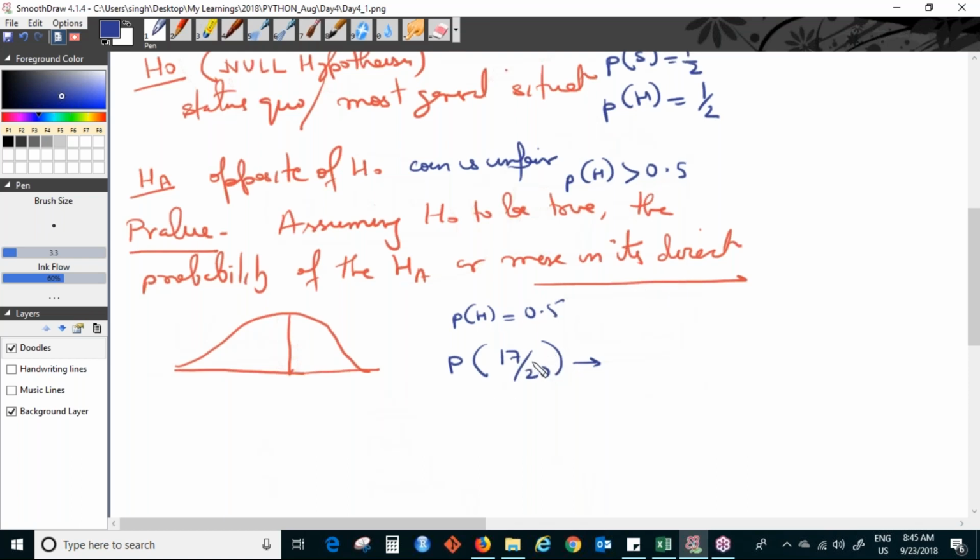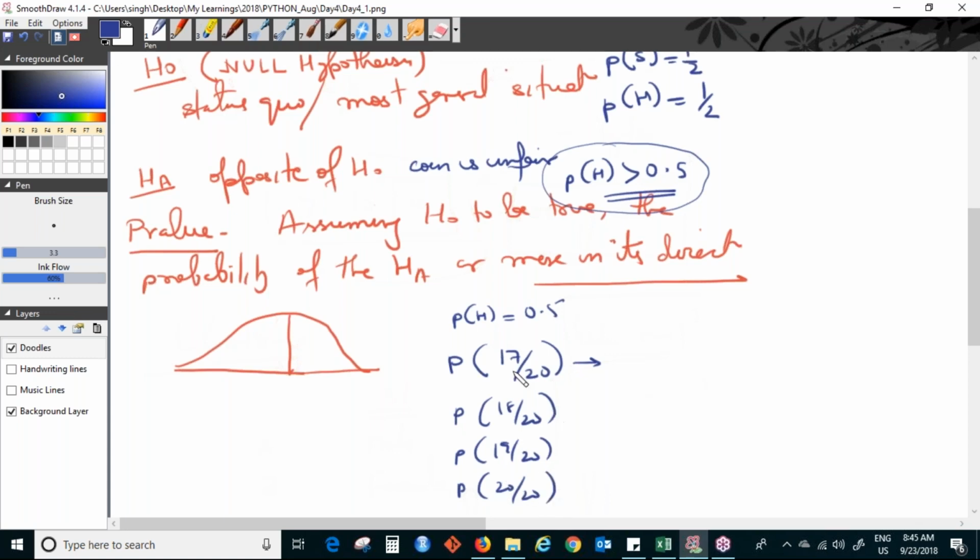The direction of the alternative: look at this statement I have written here. This means that you will get more and more heads because the probability of head is greater than 0.5. So you will get 17 heads, 18 heads, 19 heads, and finally 20 heads. You cannot get more than 20 heads because you are tossing it 20 times.